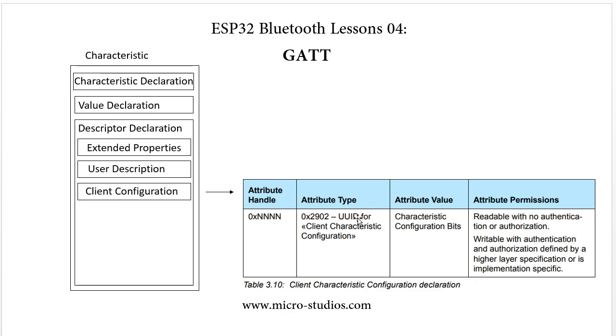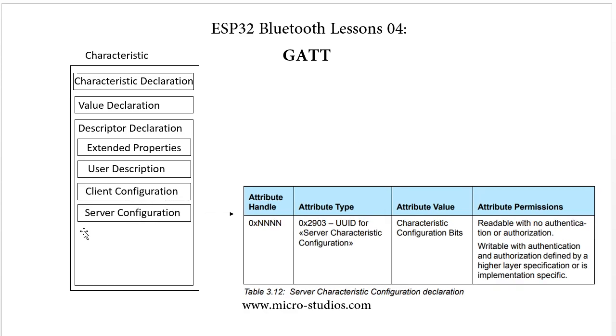If we find the UUID here is 2902, it's client configuration. It can configure the value, for example, configure the notification of the server. Next is server configuration. The UUID is for this one.